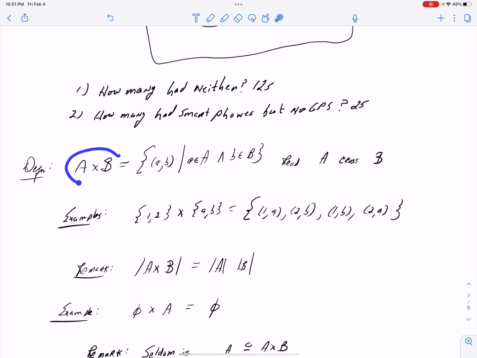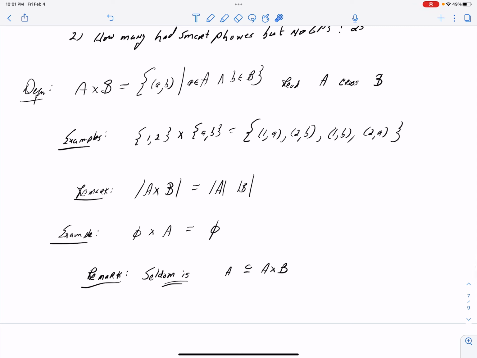So that really is what the Cartesian product is. If I have two sets A and B, what do I mean by A cross B? I mean it's the set of all ordered pairs (a, b), where a comes from big A and b comes from big B.